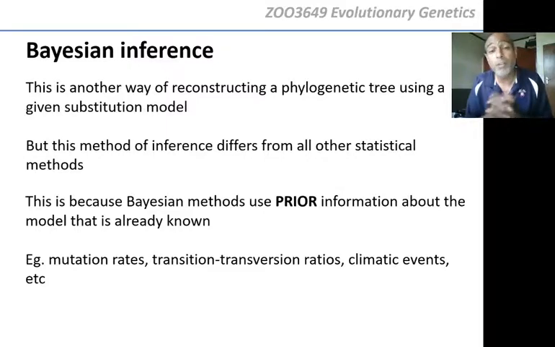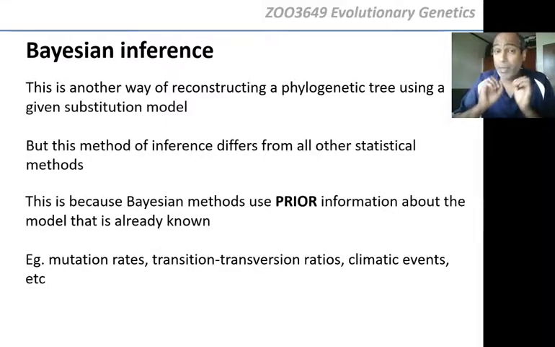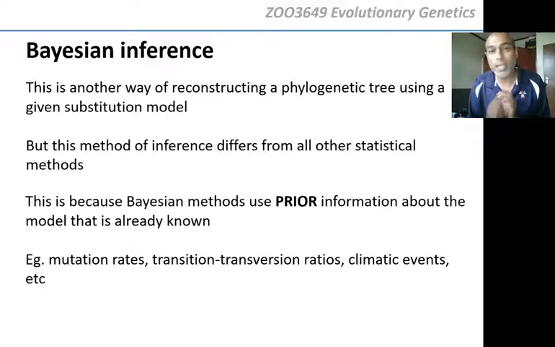Remember, last lecture, maximum likelihood would have to work out the likelihood of every single possibility, right? Well, Bayesian also works out the likelihood, and it works out the likelihood in exactly the same way that maximum likelihood does, except we tell Bayesian not to look at all possibilities.